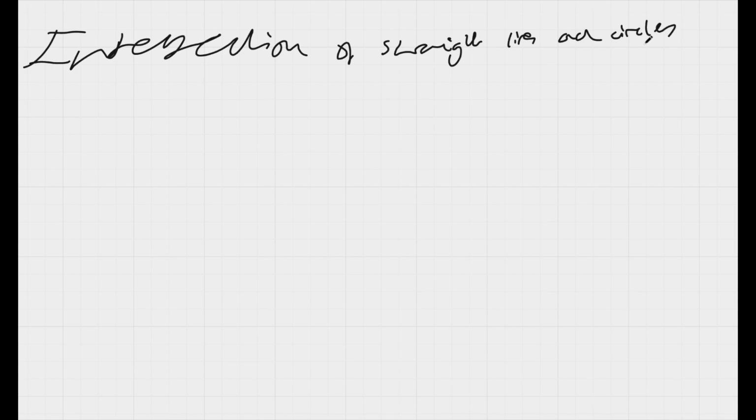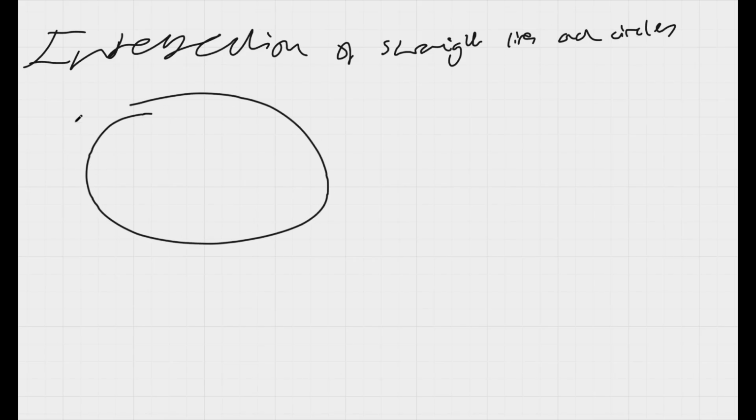This is genuinely what it says. You have a circle, you have a line, and it's asking you where these 2 points are. Let's do a real quick question with that.